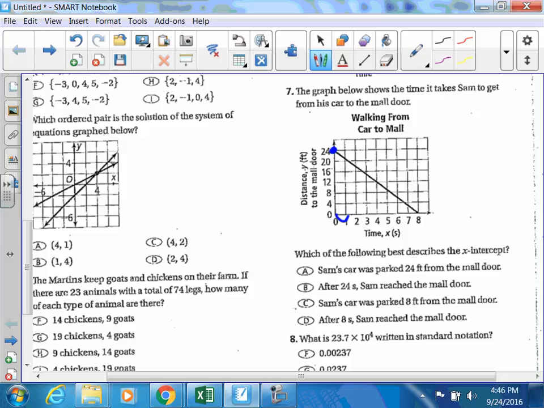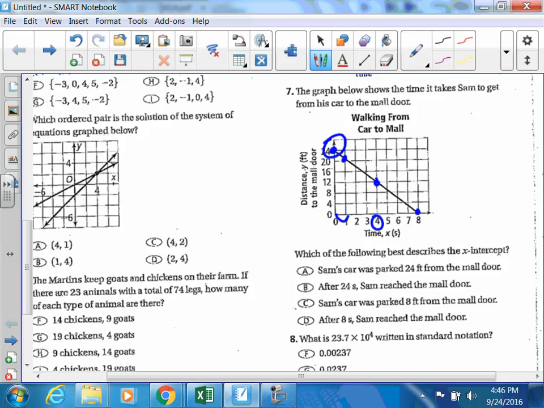At 1 second, he's a little more than 20 feet. At 4 seconds, he is 12 feet from the door. So he's getting closer and closer to the door. At 8 seconds, that's when he is at the door. So he parked 24 feet from the mall door, and after 8 seconds, he is walking in. So the distance from the mall door to his car decreased as he walked toward the mall.